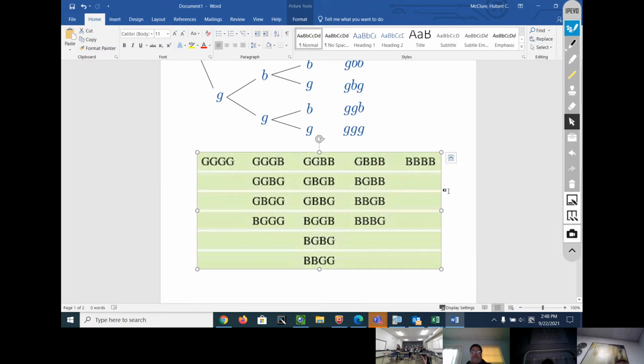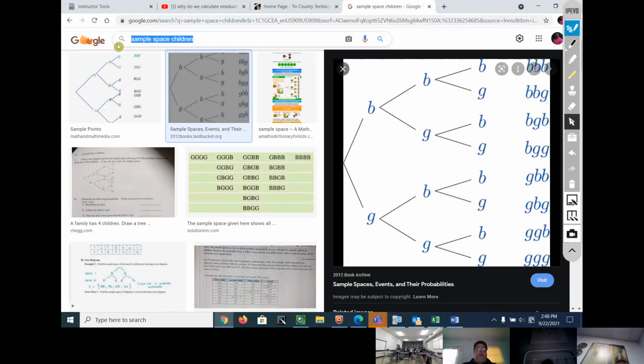Okay, another one that you want for a sample space. 2 dice, a pair of dice. And I'm gonna look that one up for you and send that one to you. Sample space.